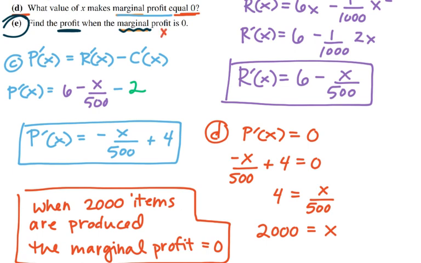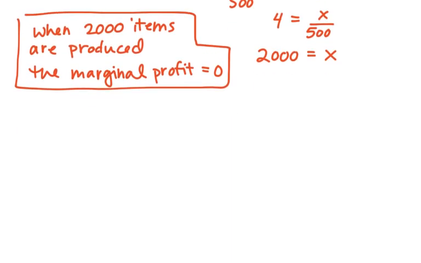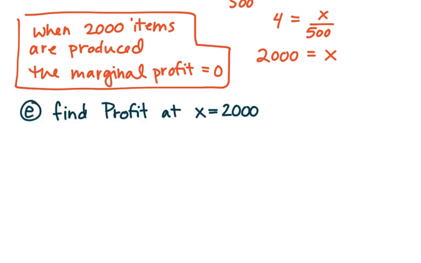When marginal profit is 0, that means X equals 2,000. So find the profit at X equals 2,000. Now again, I do not have a profit function given. I'm only given a cost and a revenue function, and I have found marginal cost, marginal revenue, and marginal profit.